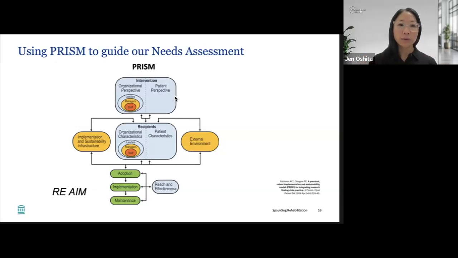So in our qualitative analysis, this part is the context of healthcare, and you can see there are different levels: staff, managers, leaders, external environment, implementation, and sustainability infrastructure. These are just parameters or ways to break down how to understand contextual determinants. We focused our interviews primarily on clinicians.